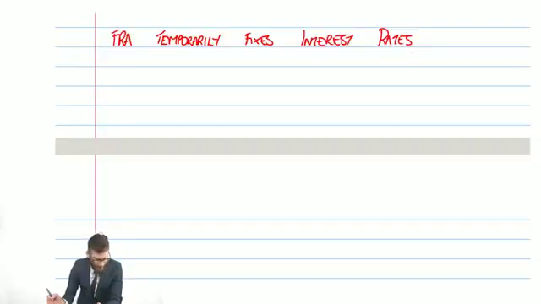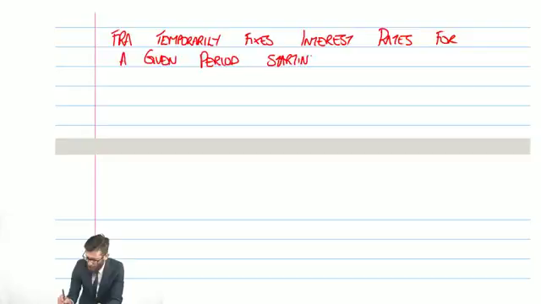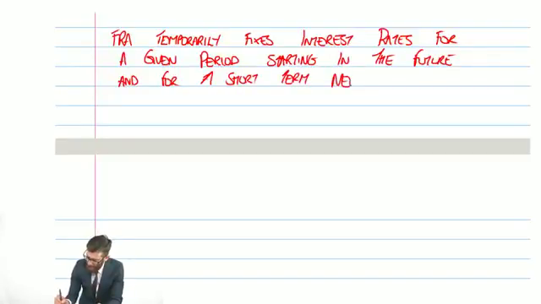Explain the nature: the nature is it temporarily fixes interest rates for a given period, starting in the future and for a short-term need. So that's the nature.